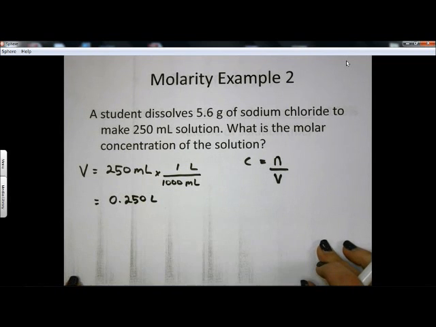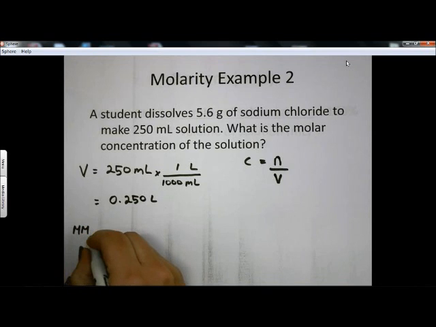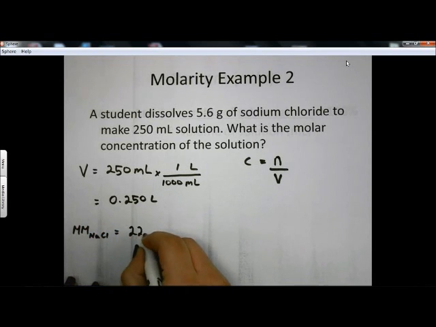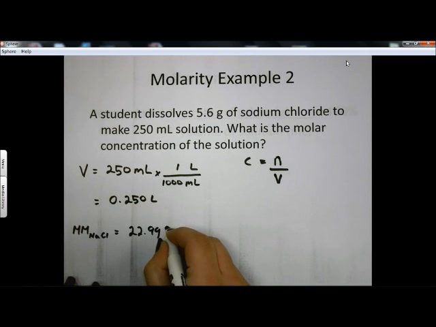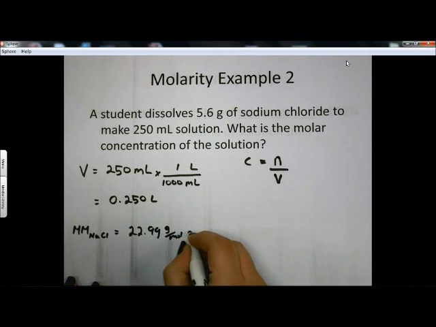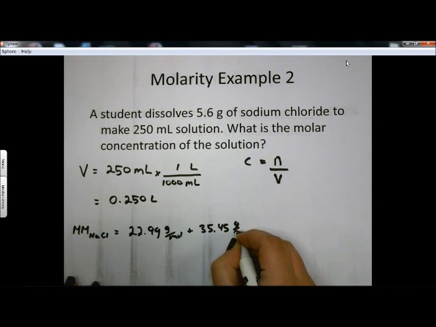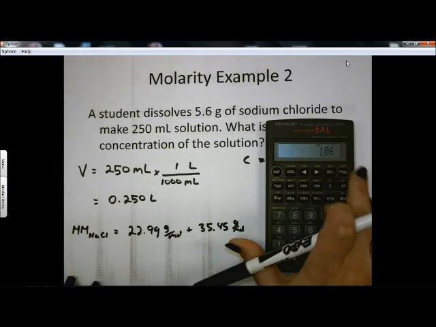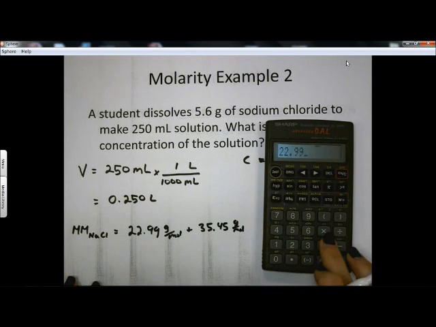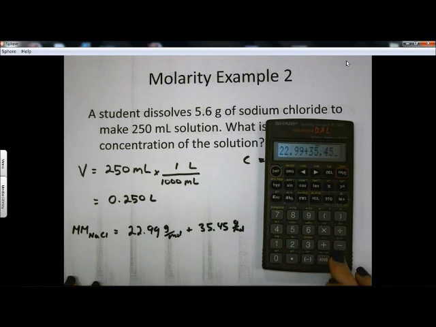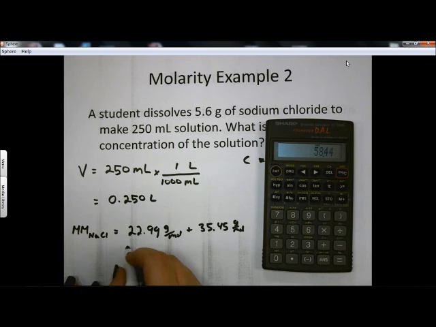For the 5.6 grams of sodium chloride, I'm going to need the molar mass of sodium chloride. That's 22.99 grams per mole plus 35.45 grams per mole, which is 58.44 grams per mole.